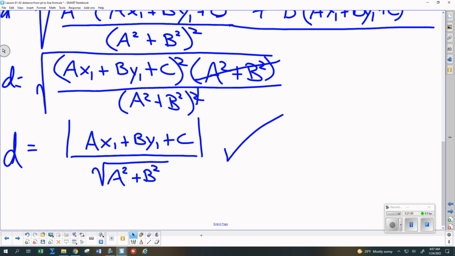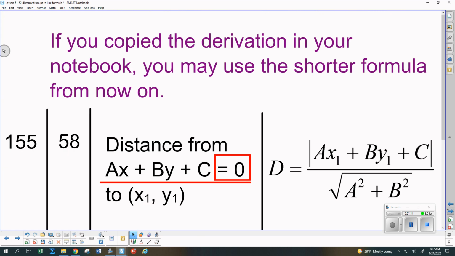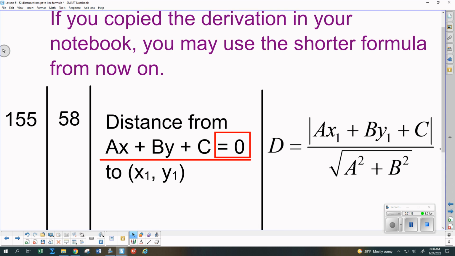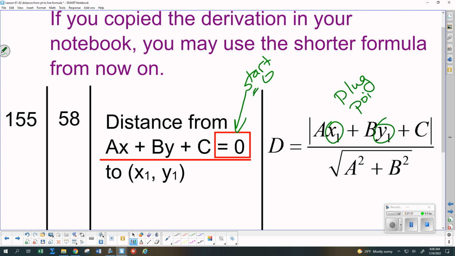But I'm going to go through an example with you of how this works and how it's nice and short and worth all this time that we just spent going through it. So if you want to write it down in formula notation, what this means is start equal to 0. And then this means plug the point into that equation.